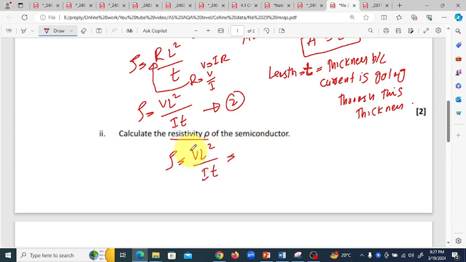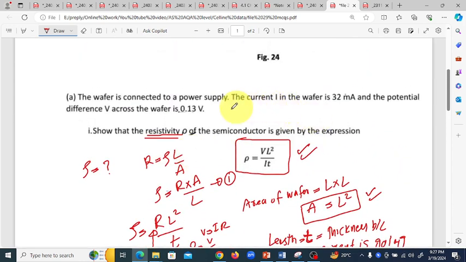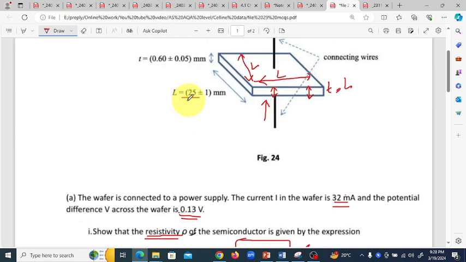The V is the voltage or potential difference given in this question, equal to 0.13 volt. The current is 32 milliampere, the length L is given as 25, and the thickness is 0.60. We put in all the values.